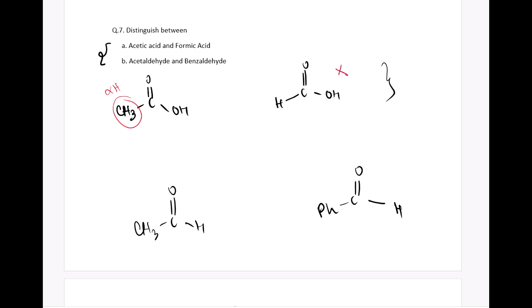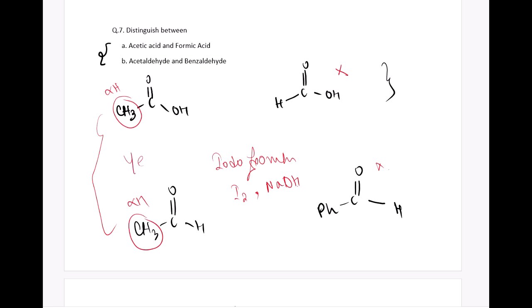Here no alpha hydrogen. Here also alpha hydrogen is present. Here no alpha hydrogen. So in both cases we can separate them by the iodoform test, where we use I2 along with a base, sodium hydroxide, and the one which gives the iodoform test will give a yellow precipitate of iodoform.